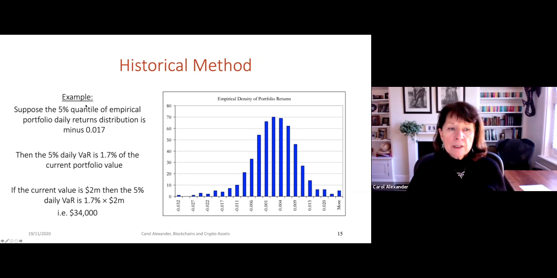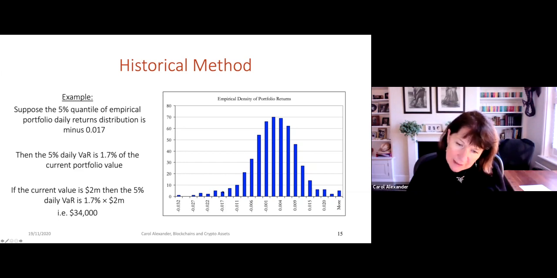So suppose the 5% quantile of empirical portfolio daily returns is, say this is 5%, you can see this number minus 0.017 on the axis here. And then if you add up all those heights, it comes to 5% of the total. So that's what we call the 5% quantile.